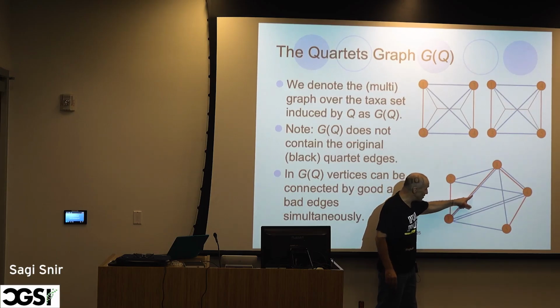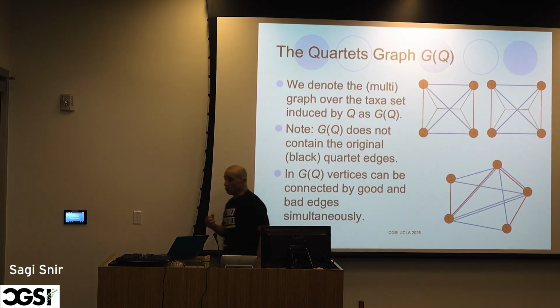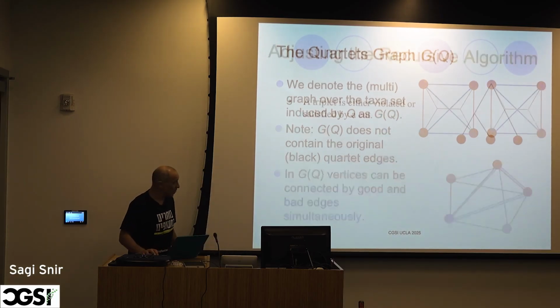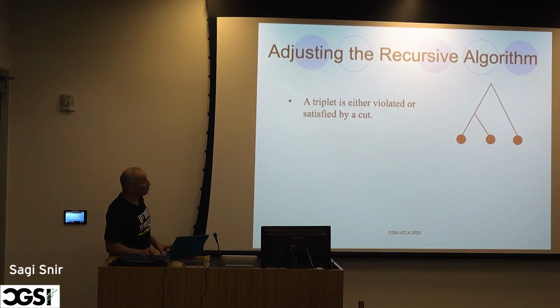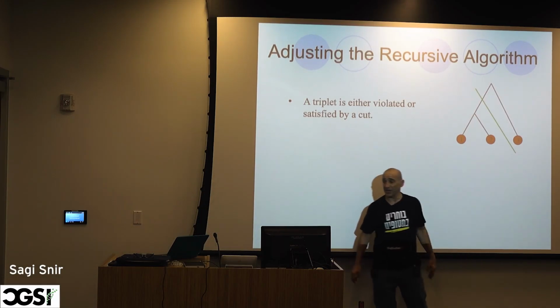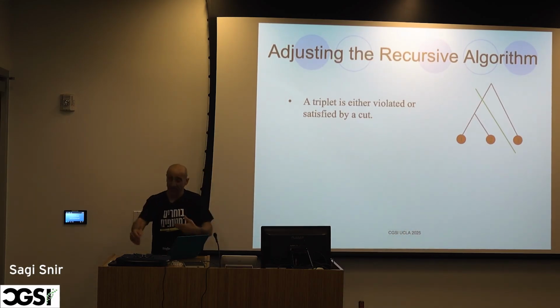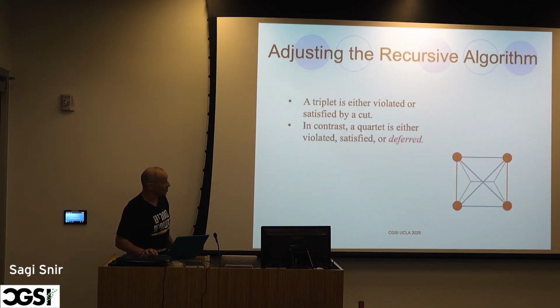This is bad and good, but the sum of them is the weight of that edge. And now see, a triplet is either violated, or satisfied, where we separated 1 and 2 from 3, or simply unaffected, and goes down to the next recursion.